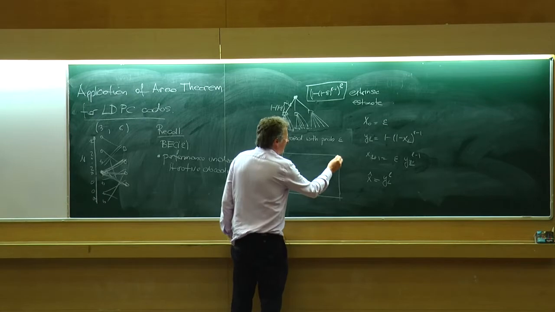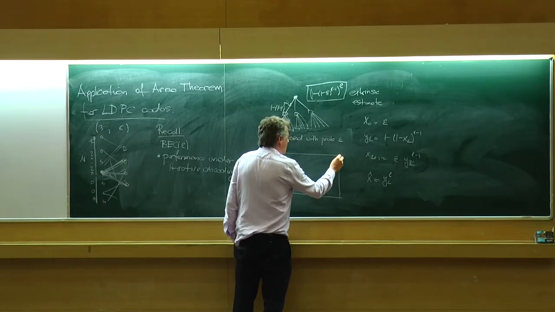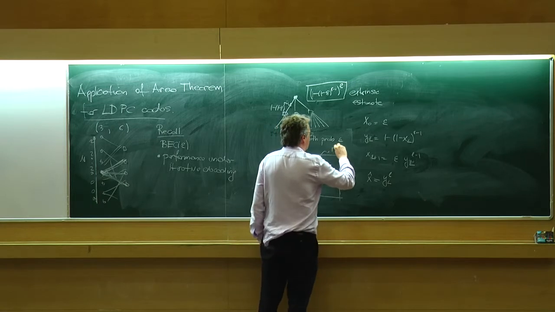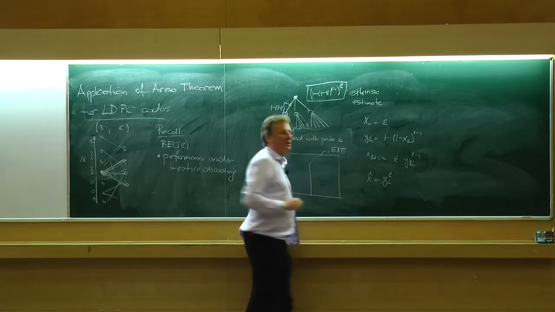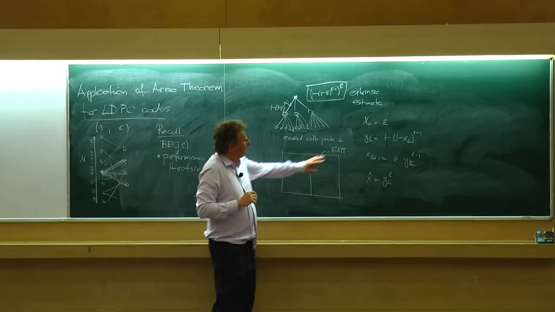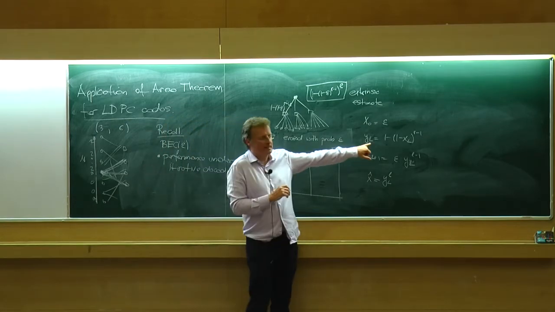So whatever the EXIT curve of the code is, I don't know what it actually looks like. Maybe it looks something like this. Yeah, this is the iteration number.